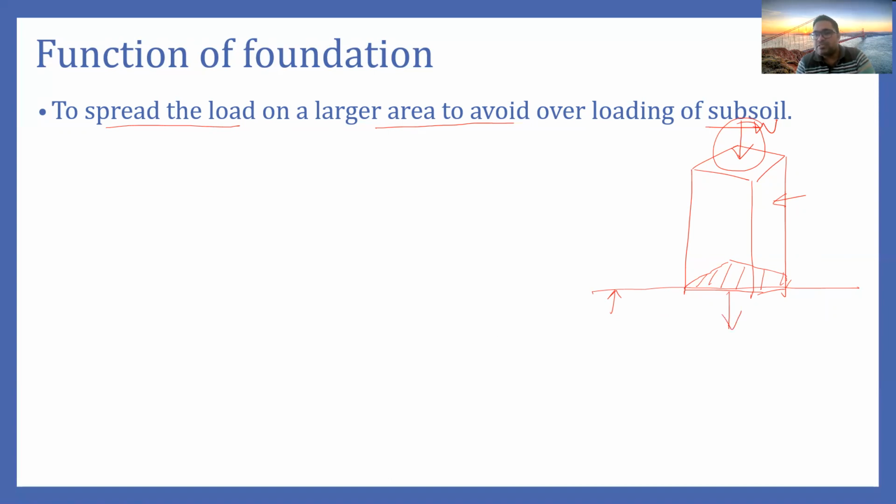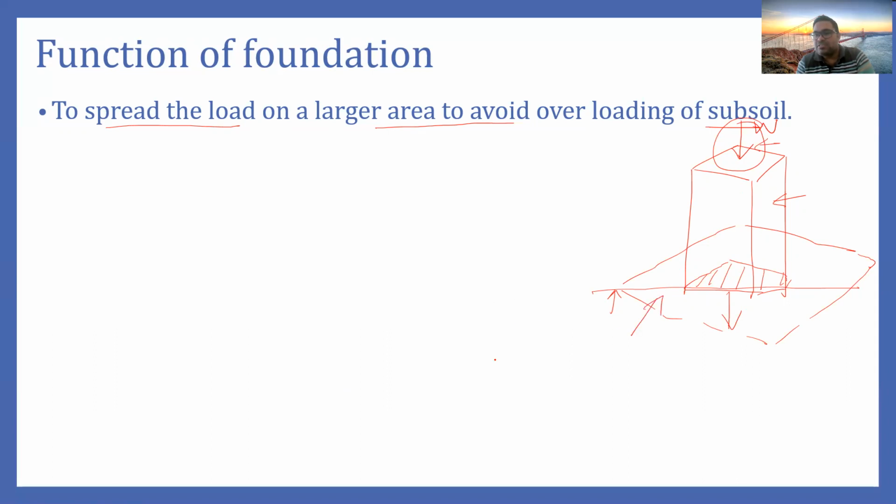Now, to avoid this sinking, what we can do is spread this load over a larger area of the soil. So in that case we can have a larger area on which this load can be transferred to the soil.